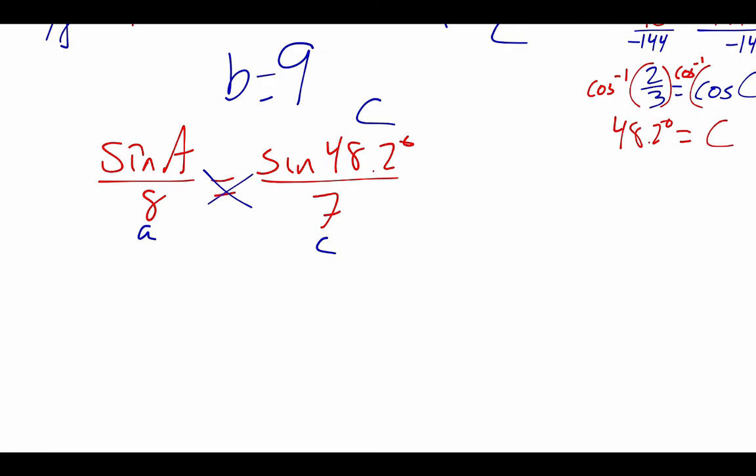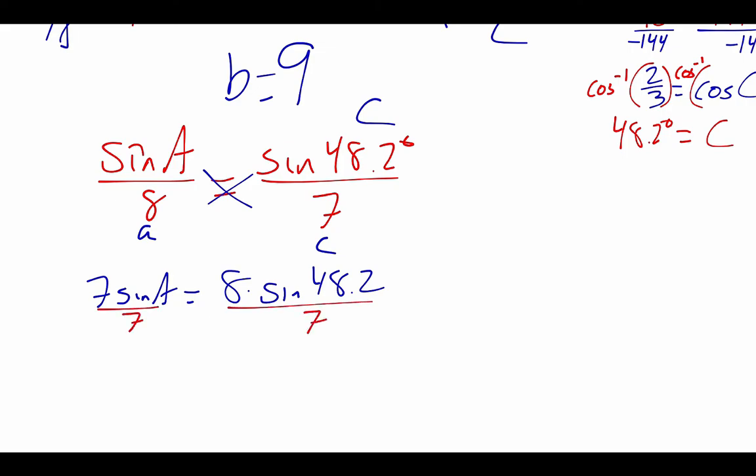We can cross multiply: 7 times the sine of A equals 8 times the sine of 48.2. To solve for A, we divide both sides by 7. I overcomplicated that, whatever, it's fine. We got the sine of angle A, I just took an extra step we didn't need to, equals 8 times the sine of 48.2 over 7.